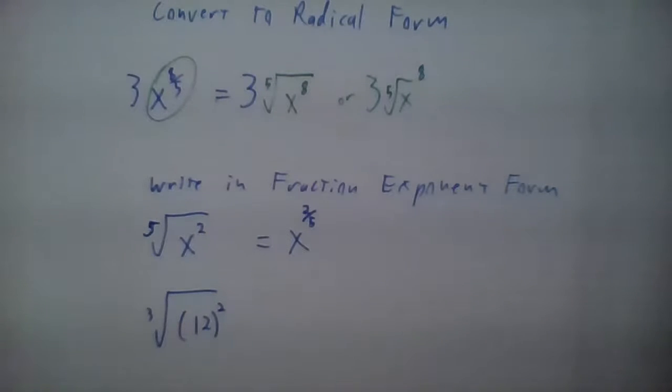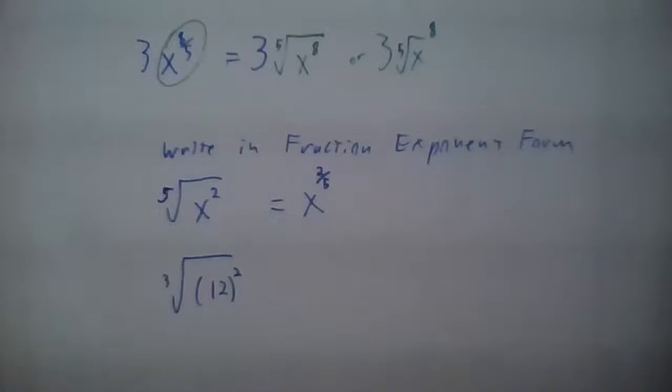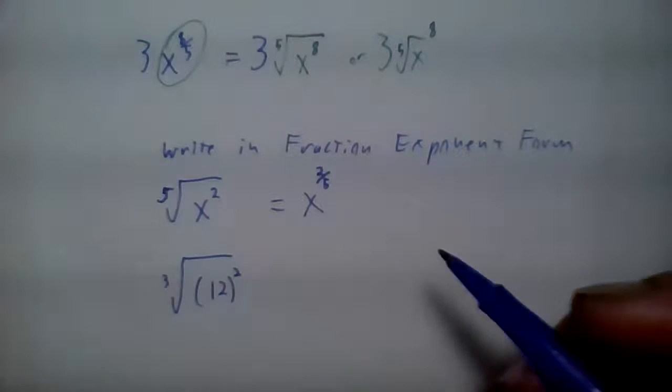One place where this might actually help us is if we wanted to calculate something like this. If we had a numerical instead of a variable expression, if I have a 12 in there, the cube root of 12 squared would be a little bit of a pain. When you have other roots on the calculator, it's sometimes a little bit of a pain to find that operation, but your exponent key you're familiar with, and we can just do this calculation using the exponent key.